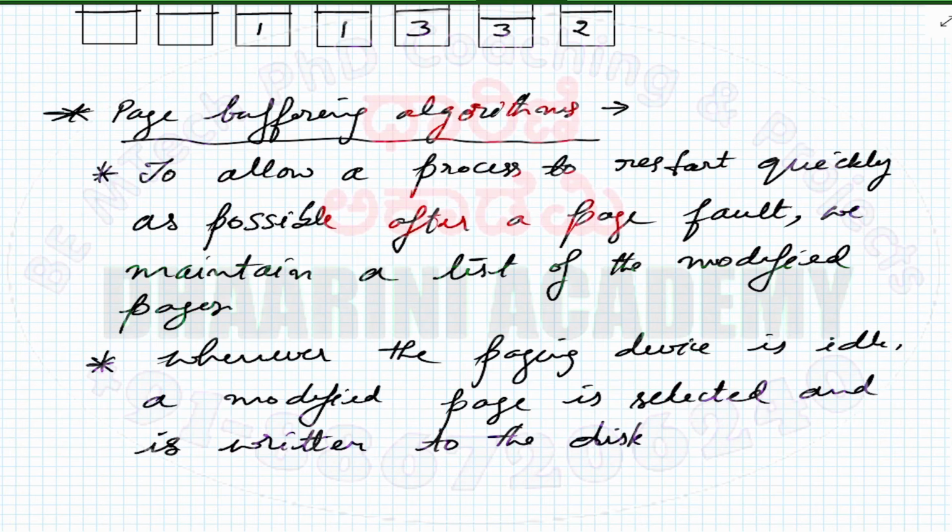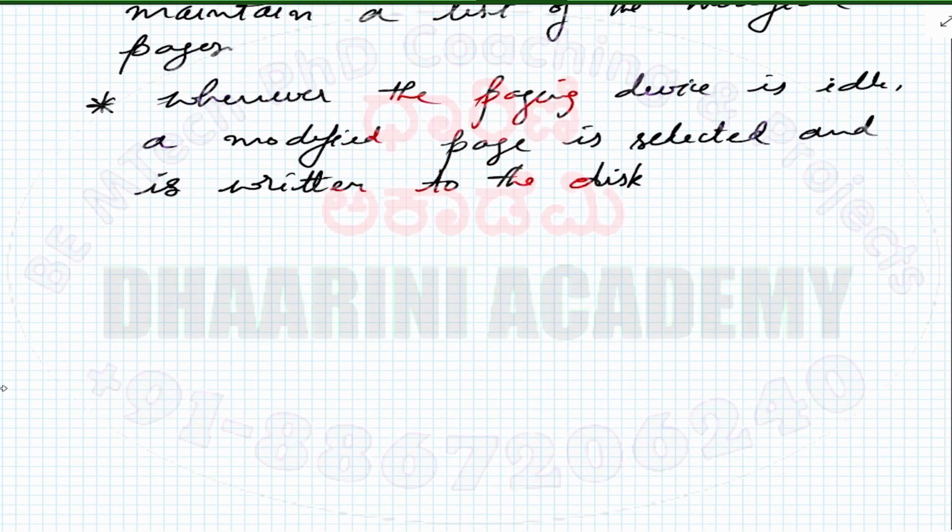But now you understood that here we already write the particular page onto the disk and it is readily available. You don't have to wait for writing a process. Directly you can put your data over here and you can use it. Because of that, this algorithm helps speed up the process. These page buffering algorithms help you in increasing the speed of writing the process.